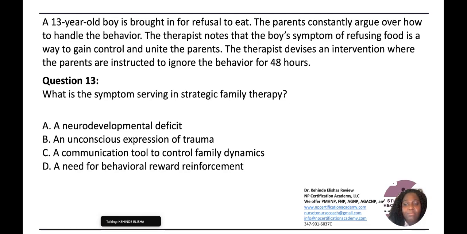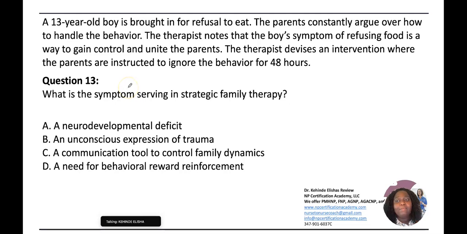What is the symptom serving in strategic family therapy? A, neurodevelopmental deficit. B, an unconscious expression of trauma. C, a communication tool to control family dynamics. D, a need for behavioral reward reinforcement. Drop your answers in the chat, please.